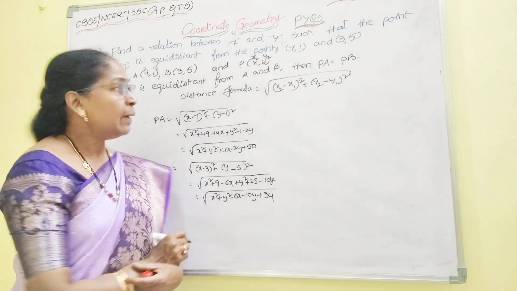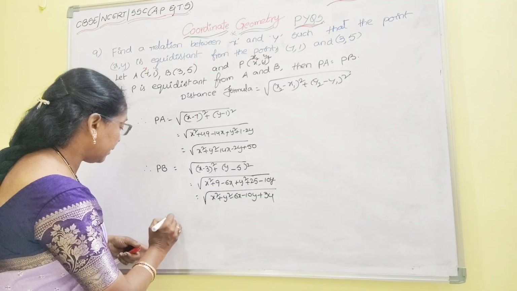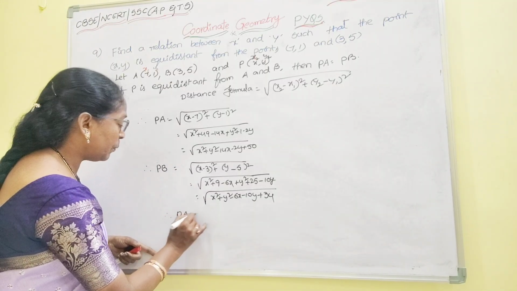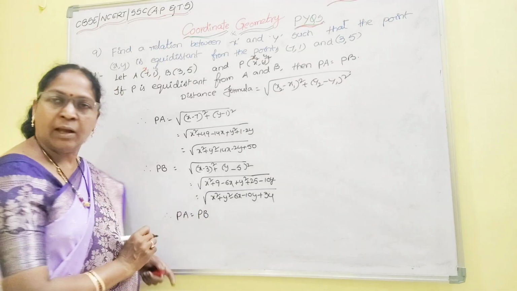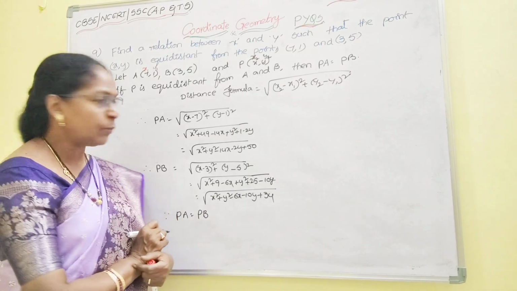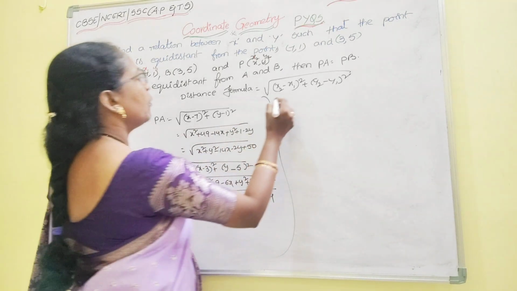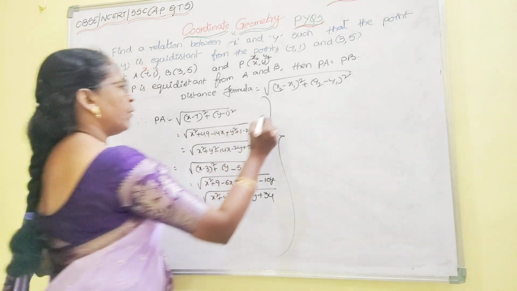PA and PB values we got, but here one of the conditions is given: PA equals PB. According to that, since this condition is already given, since PA equals PB, now equate these two values first. PA equals how much here? This is the PA value.